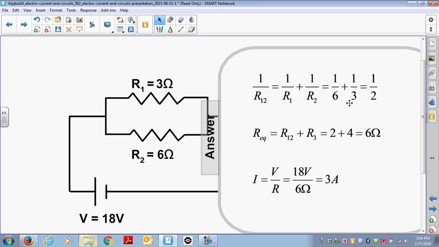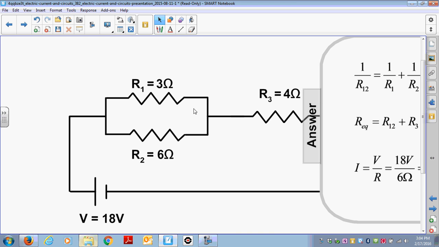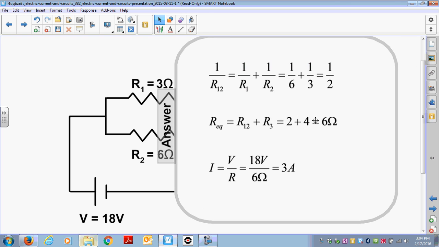That is going to give us an equivalent resistance of 2 ohms, which we got from the previous example. That makes this a resistor now in series with the 4 ohm resistor. So we're going to add them together and get 6 ohms. The power supply is 18 volts. If we take 18 divided by the equivalent resistance, which is 6 ohms, that gives us a current of 3 amps.